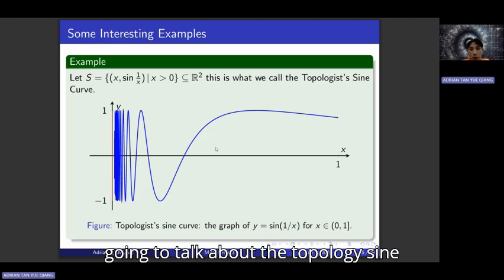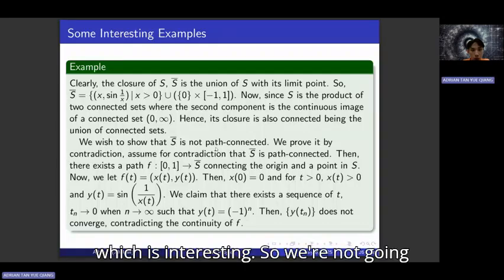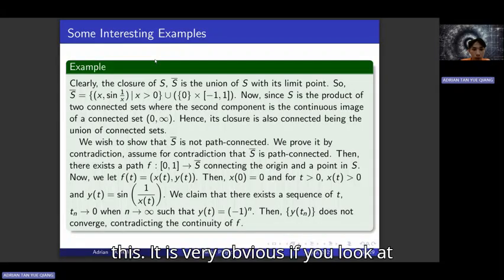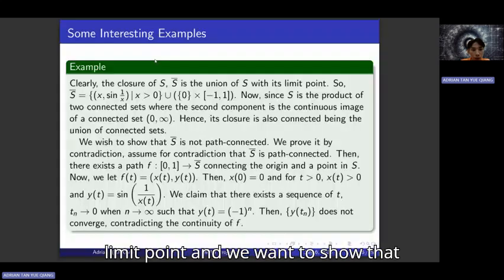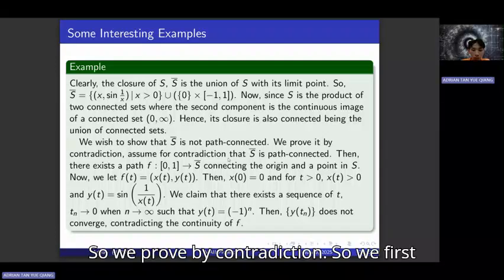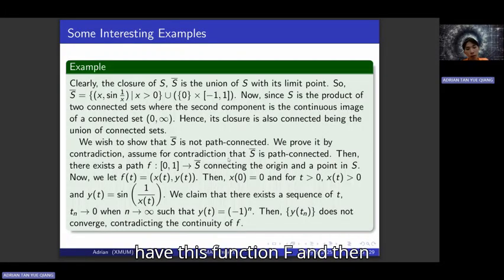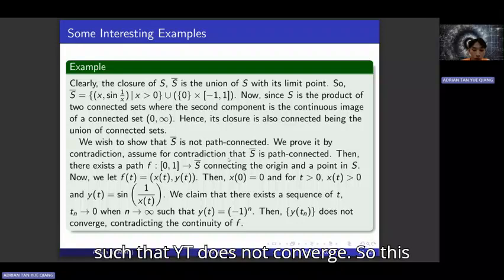And yes, we're going to talk about the topologist's sine curve, which is interesting. We're not going to talk about why the closure is this; it is very obvious if you look at the curve. The red line is the limit points. We want to show that S bar is actually not path connected, so we prove by contradiction. We first assume that it is path connected, so you have this function f, and then we want to create a sequence tn such that y(tn) does not converge.